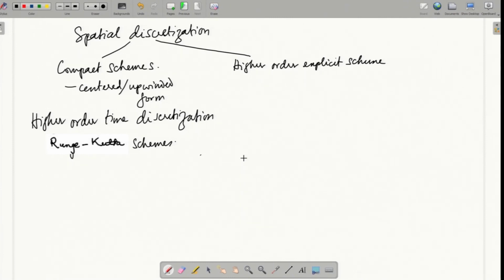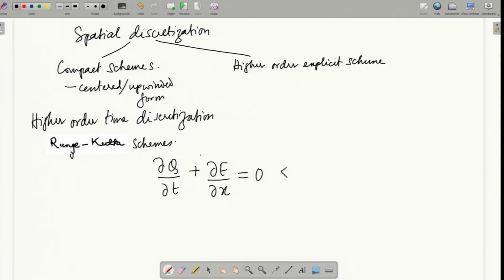So, just having a brief look at Runge-Kutta schemes, because they are extremely good in enhancing accuracy and stability, and therefore, good candidates for direct numerical simulations.